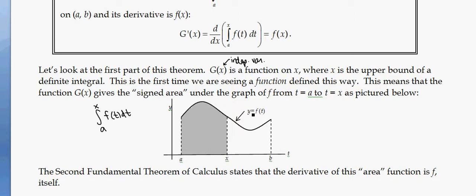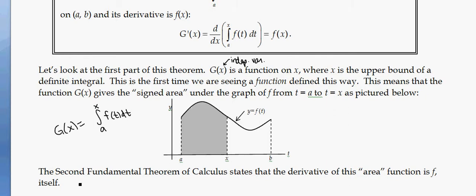So here's our function f of t, whatever it happens to look like. We don't know what it is. But whatever the input of your function capital G is, we're going to go from a to that input. And the output of this function will be the signed area between the curve and the x-axis. It's going to output the definite integral from a to that value x. So we can think of this as sort of an area function.